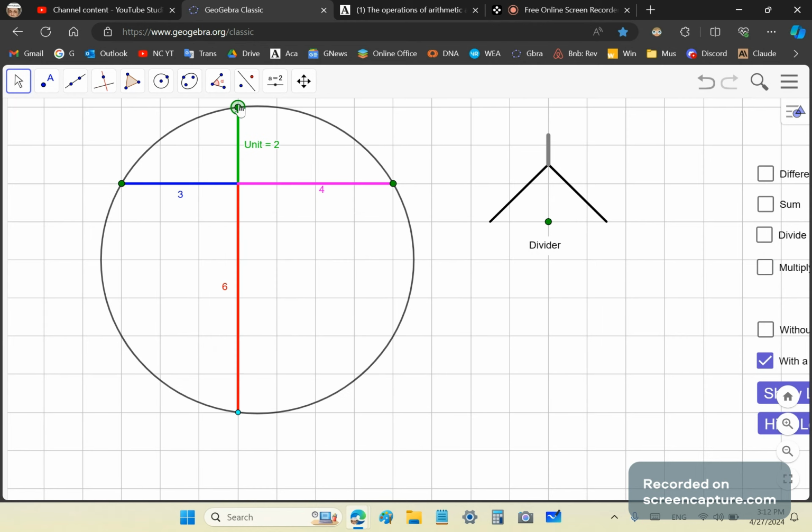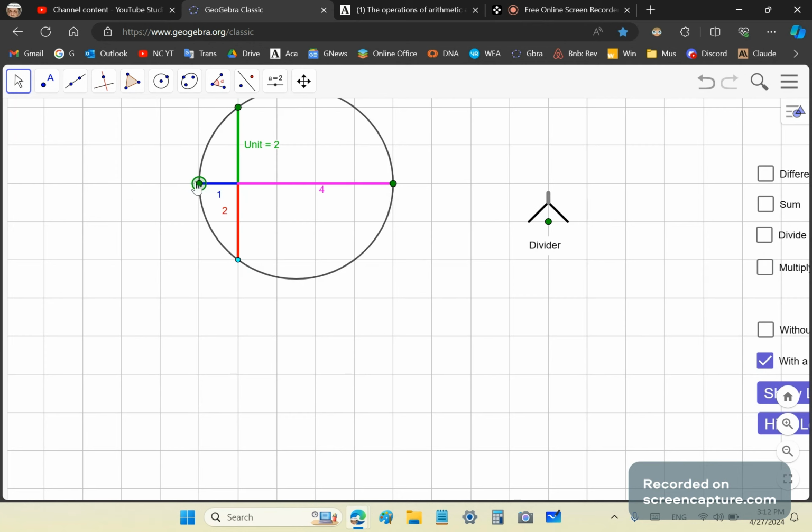Now, why can you not have 0 as a line segment? Let's see. So, let's make that 1 again. Nice, easy unit to remember. So, you can't have 0 because if this is 0, then you don't have any of the other line segments any longer.